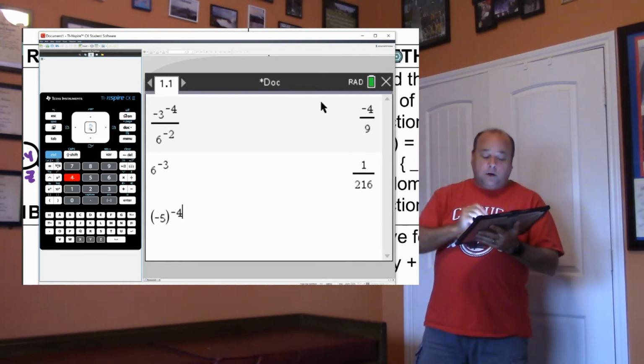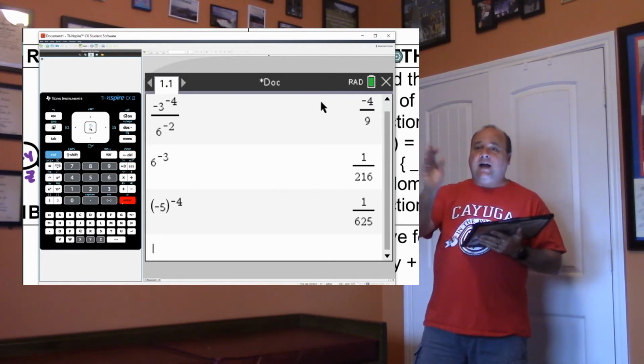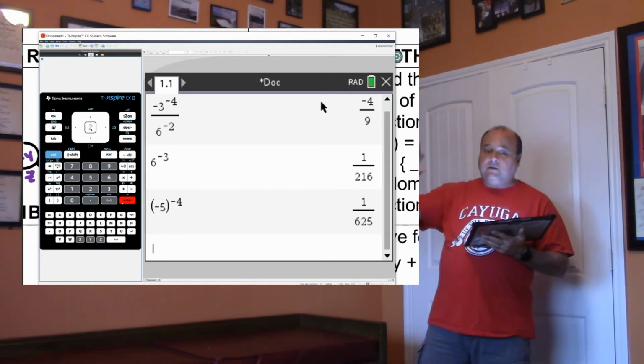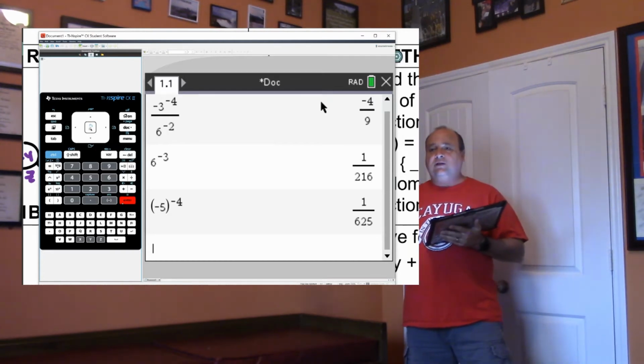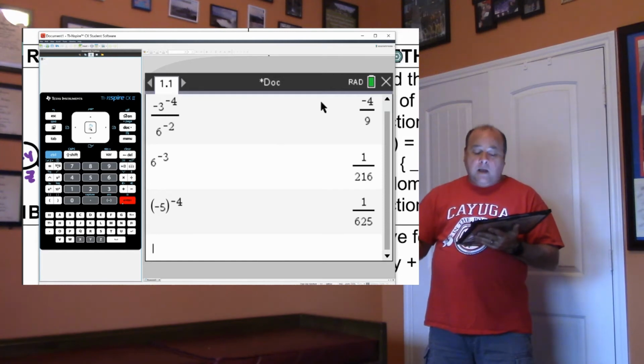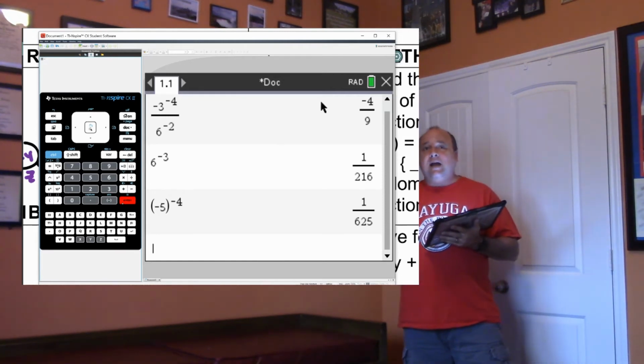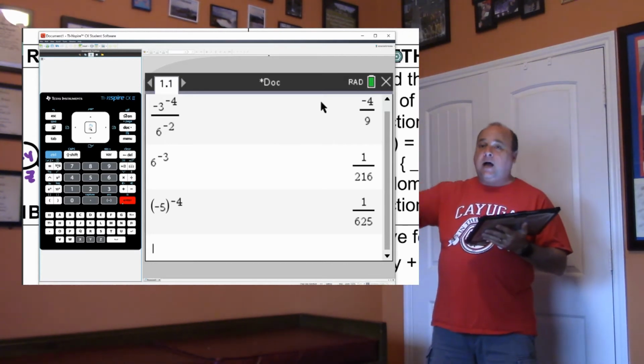So this should be 1 over 625, and that's what it is. So the negative counted 4 times. It doesn't matter if it's on the top or the bottom. It's going to be positive. And then 5 to the 4th is 625. Since it's a negative, the 625 is in the denominator. If this would have been to the 3rd power, I would have had 3 negatives. The answer would have been negative, okay? That's the difference between the odd and the even.